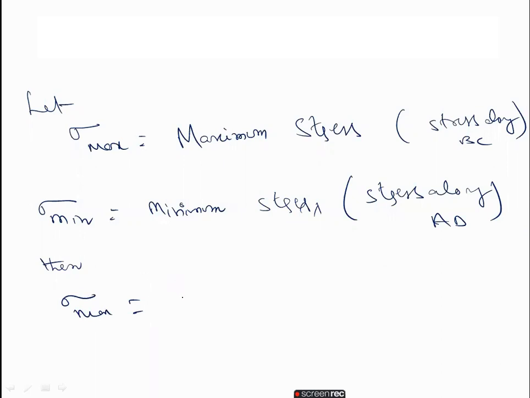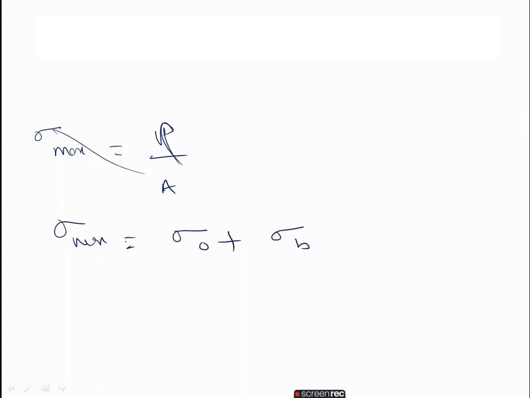Then what is sigma max? Sigma max is the direct stress plus bending stress. So sigma max equal to direct stress sigma naught plus bending stress sigma b.